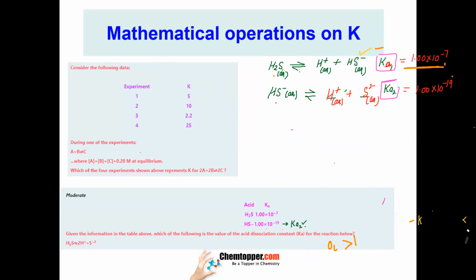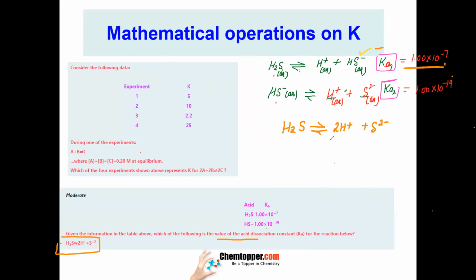Now, what are they asking? Look at what they are asking. Given the information here, what should be the value of Ka for this equation? H2S is in equilibrium with 2H plus and S2 minus.